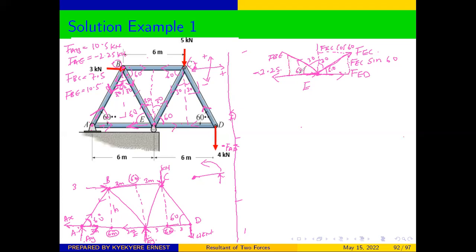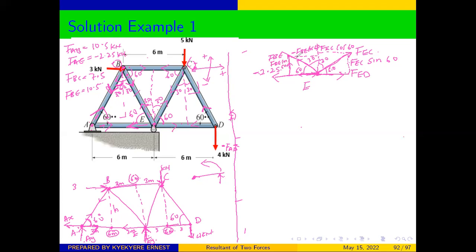Using the angle 60 there, the X component is also adjacent to the angle, therefore we can get it as FDE. But look at it, you'll be moving in the opposite direction to our positive x-axis. Therefore, our X will be negative FDE cos 60, and then the Y component will be moving up, which will be positive. Therefore, it will be FDE sine 60.